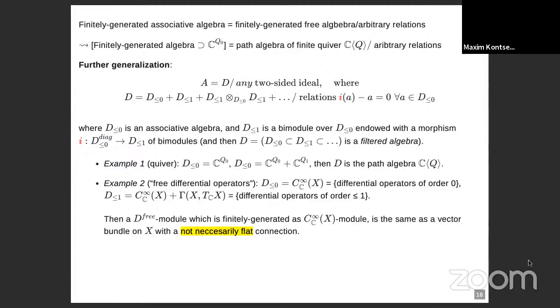So my algebra will be, instead of a quotient of the path algebra of a quiver, the path algebra of a certain guy called D. D is the following gadget. I start with an associative algebra D_{\le 0}, or D0, just some unital associative algebra. I have a bimodule D1 over it, and a morphism of bimodules, small i, from the diagonal bimodule to this guy.